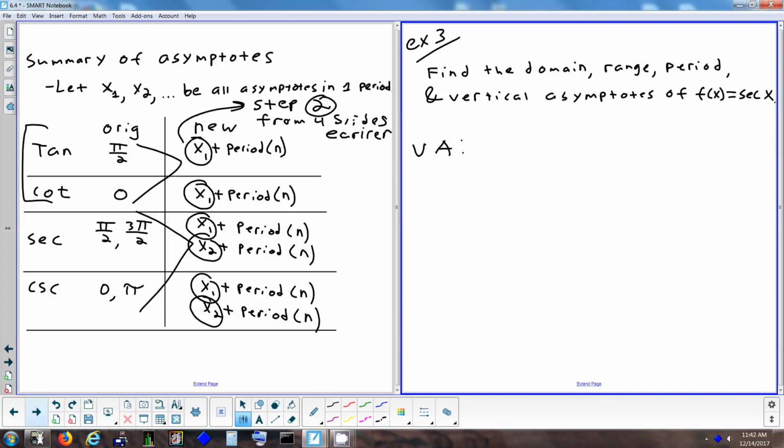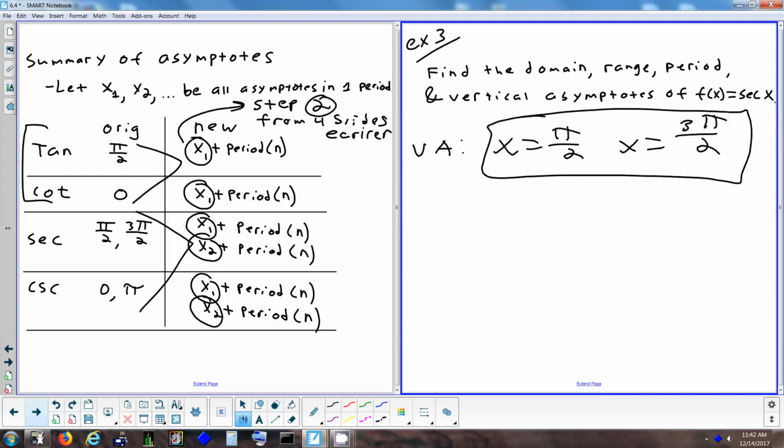So all I have to do to get the vertical asymptotes for secant is look them up on my chart. Pi over 2, 3 pi over 2. Remember, vertical asymptote is always x equals a number, y equals this horizontal.